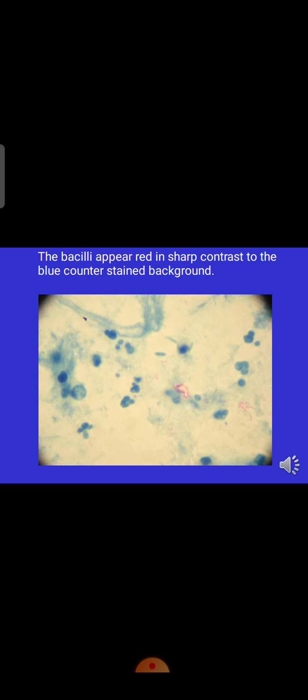The bacilli appear red in sharp contrast to the blue counterstained background. The background stained with the methylene blue appears blue, and the AFB appear red, so there is a sharp contrast between the red and the blue background.